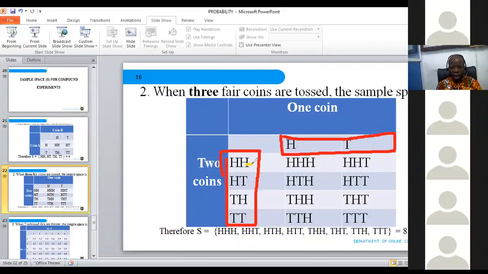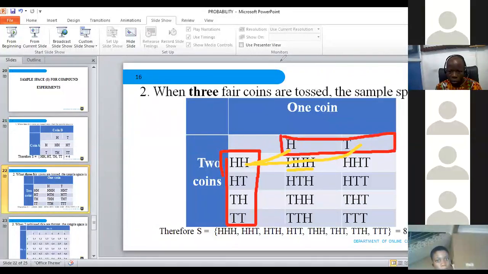If you combine the results, the first will give you head, head, head. Do you get that? Yes, sir. Again, if you pick the 2, head, head, you get head, head, tail. Then head, tail, head.